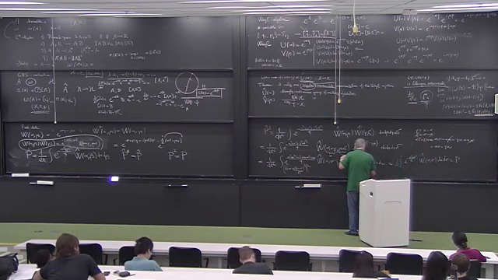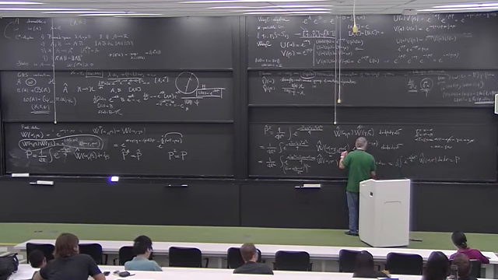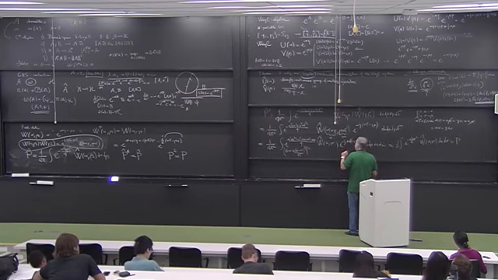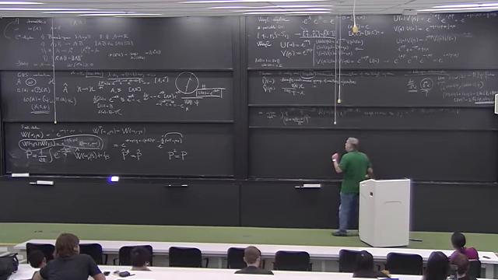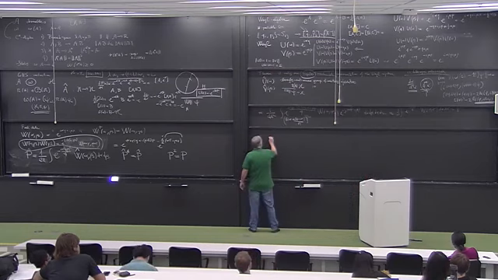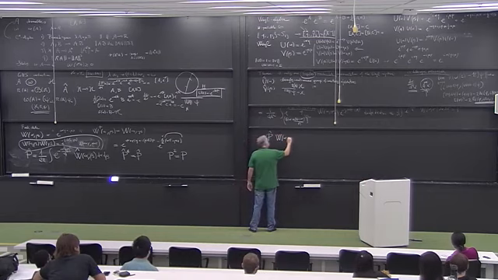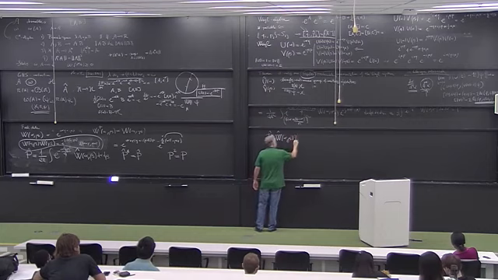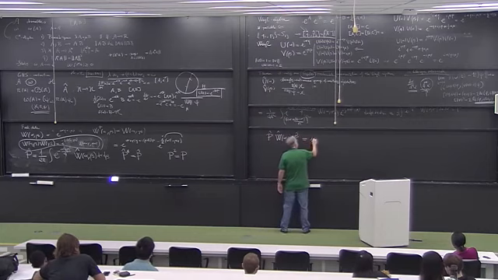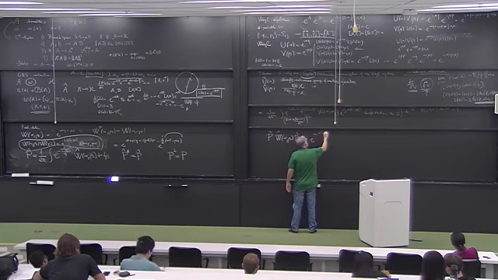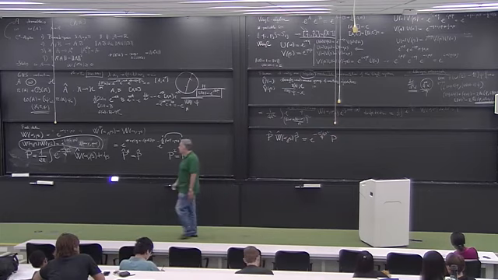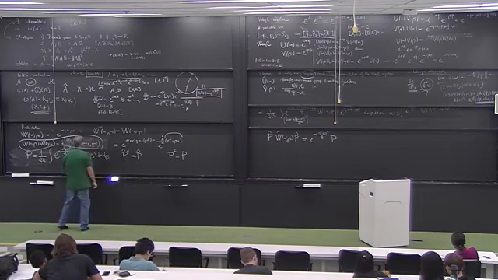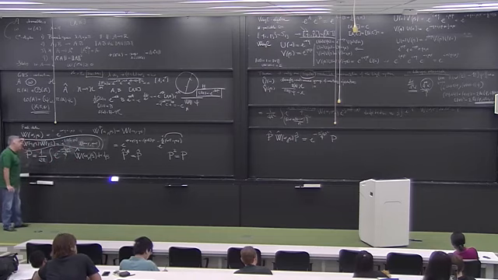So another exercise at home: compute this, and prove that this is equal to e to the minus alpha squared plus beta squared over 4, times P. So this is the central object of the proof of von Neumann, indeed.